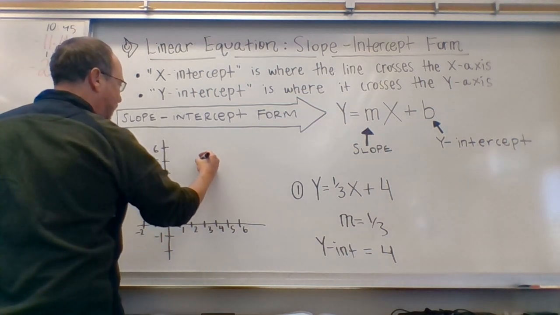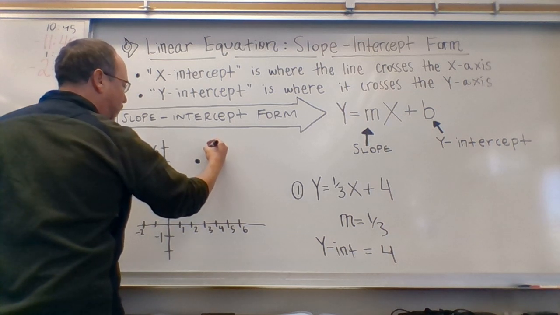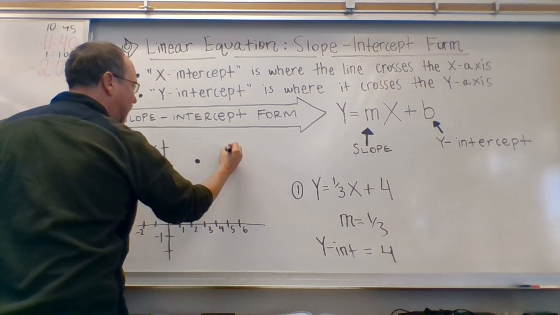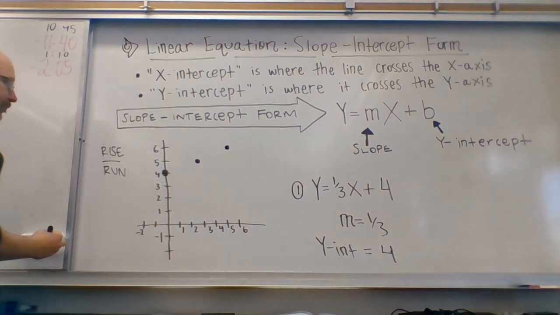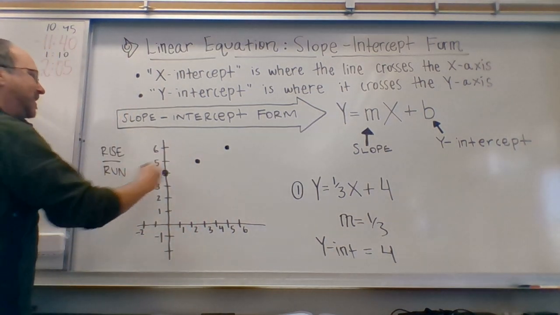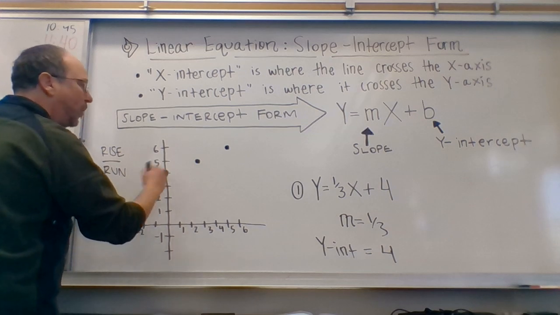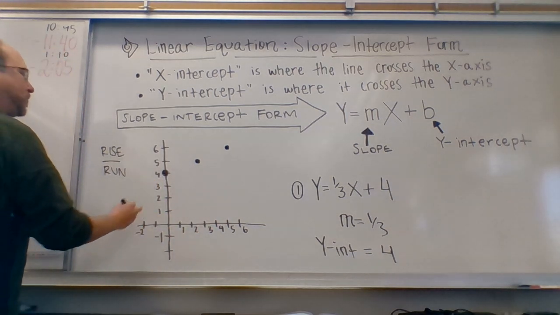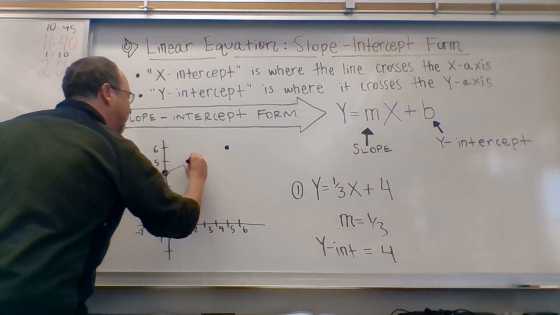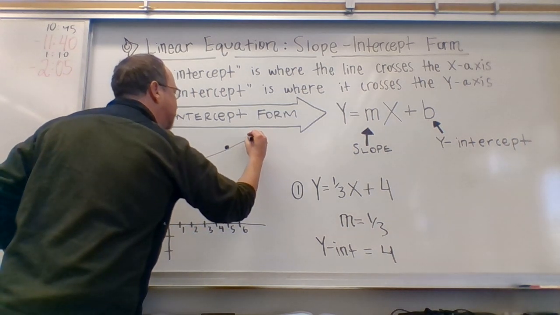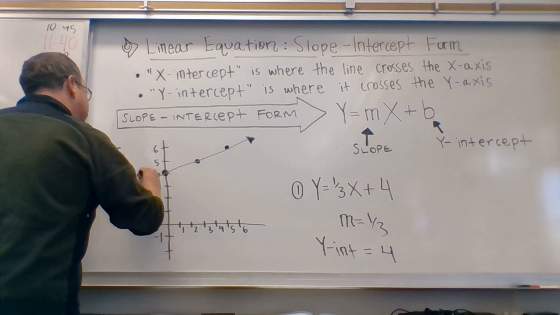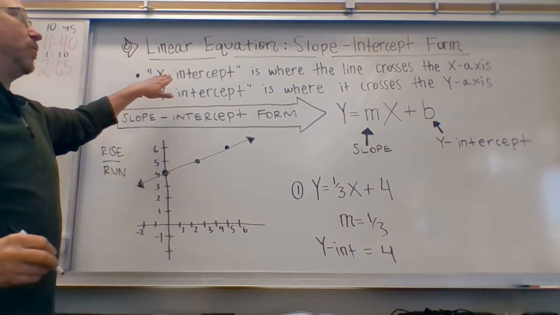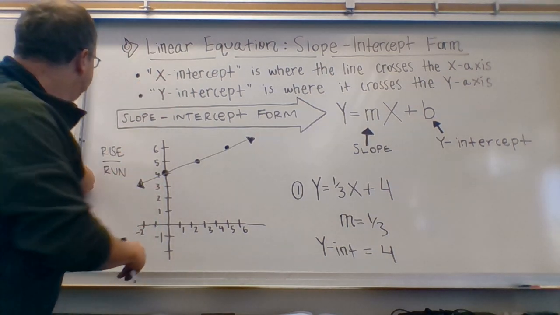And then we could do another. We can go up 1 over 1, 2, 3, and plot our 3 points there, and continue on like that. So we have everything we need to graph our straight line, our linear equation. The slope-intercept form is a beautiful thing.